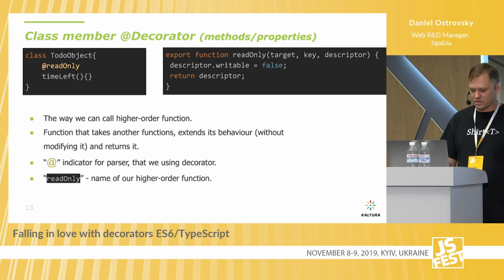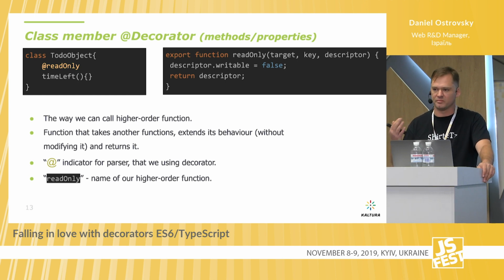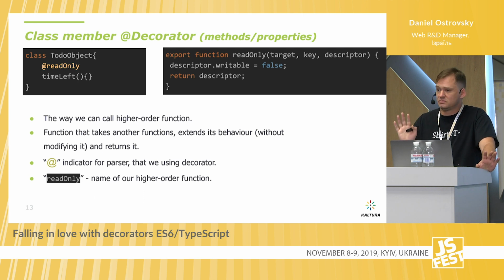What does a class member decorator look like? This is our example to-do object. And what is a decorator? Basically, a decorator is very simple, and it's a very old pattern. We've been familiar with this pattern for many years. It's just a higher order function: a function that takes some other function, extends its functionality or behavior, hopefully without modifying it.